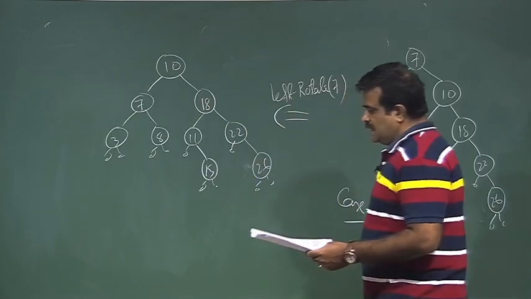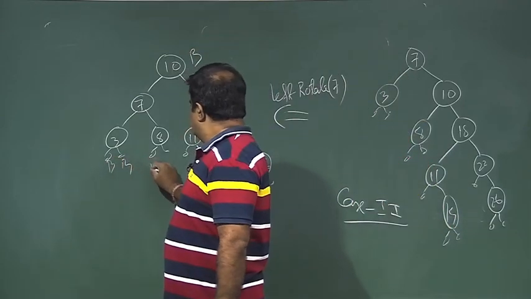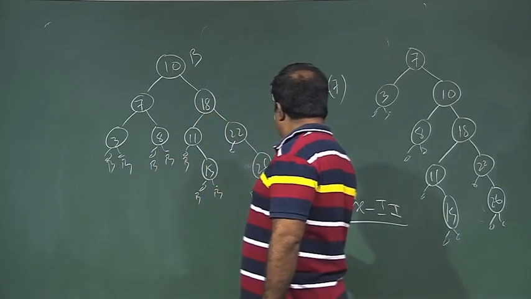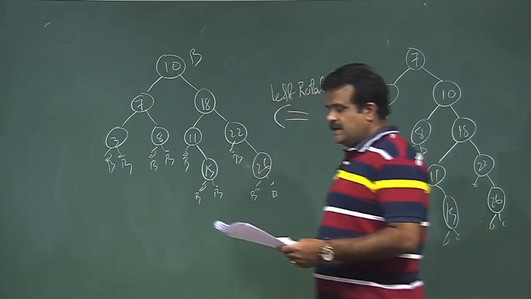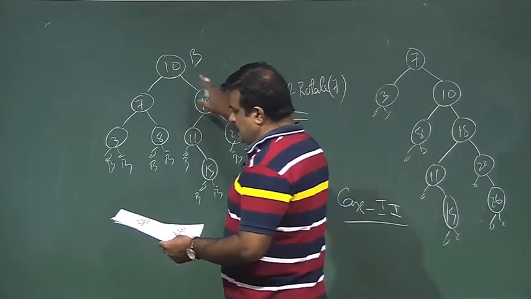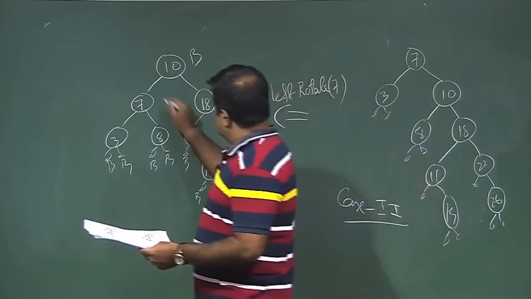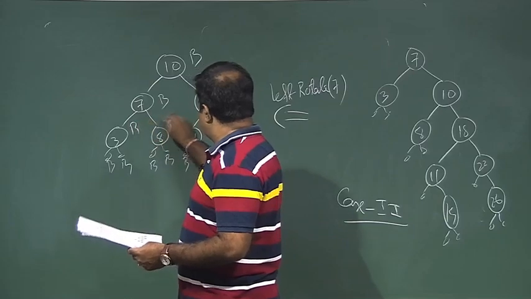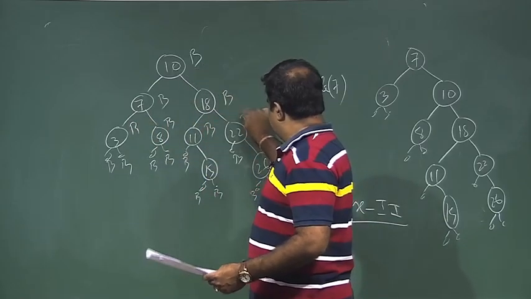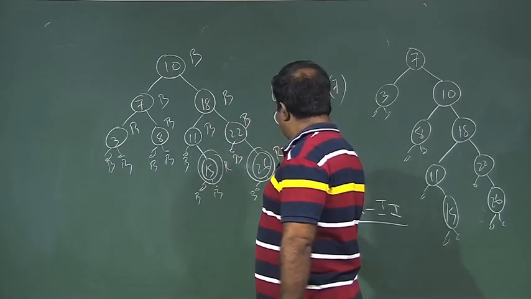Okay, now we do the coloring. This is black, the nils are all black. So, we can make this black, black, black. This is also black, black, black, and these two we make red.